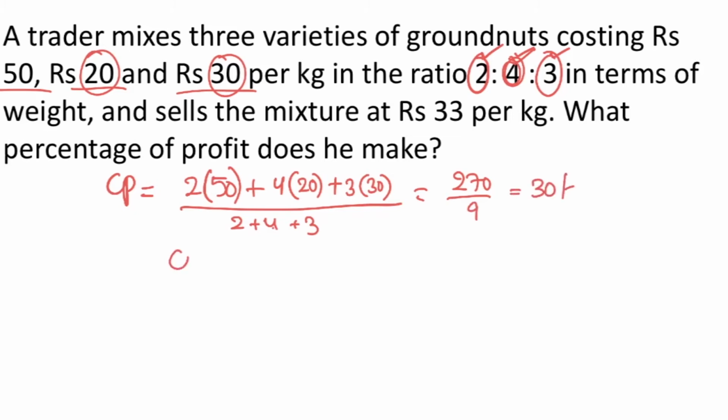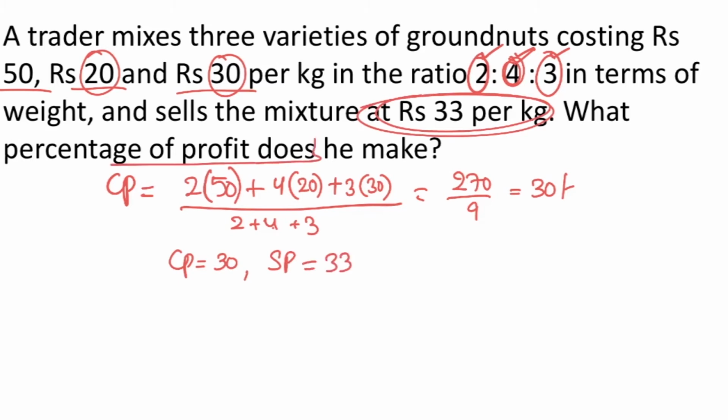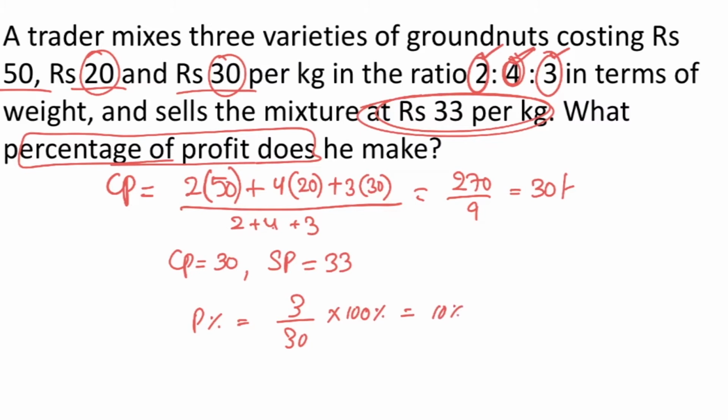So the effective cost price is 30 rupees. The effective selling price is 33 rupees. We require profit percent. Profit percent is equal to profit 3 rupees divided by cost price 30 rupees into 100%. The answer is 10%.